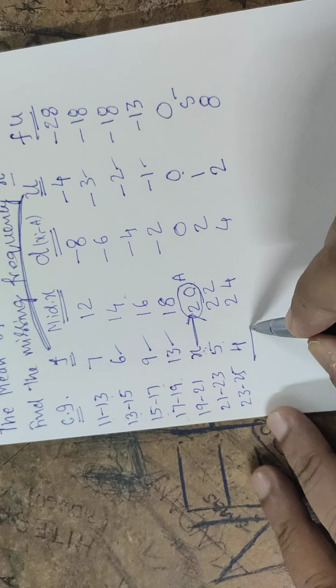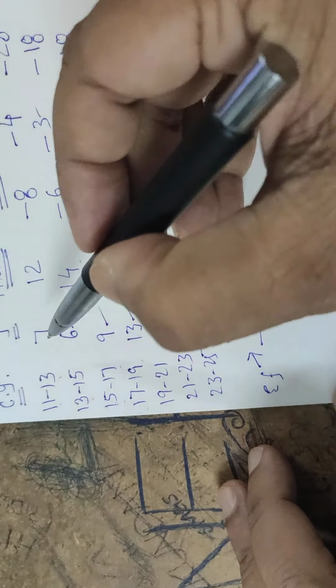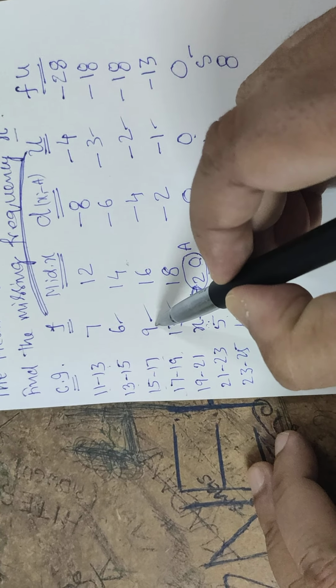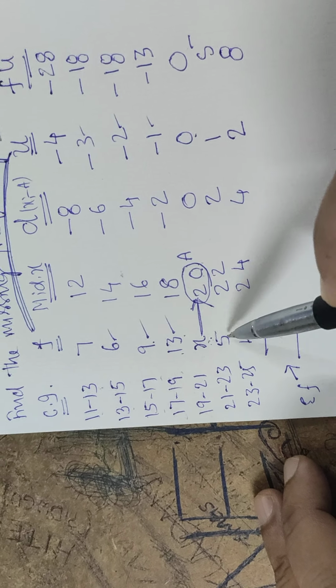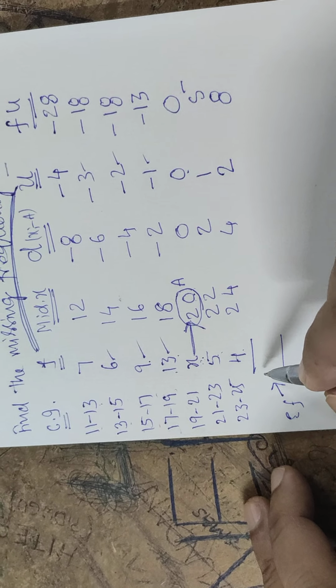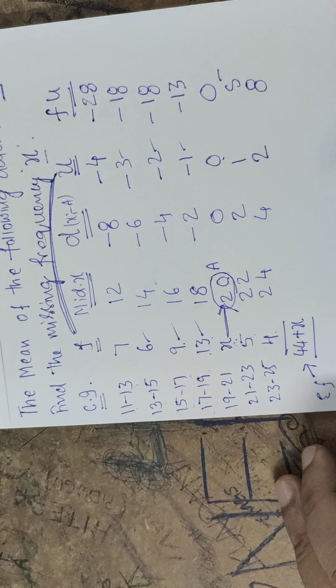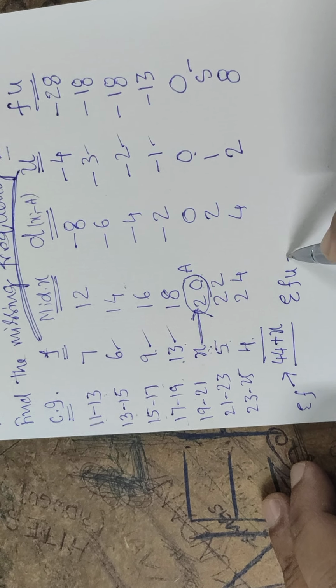Now you go for sigma f. Please pay attention. 7 plus 6 is 13. 13 plus 9 is 22, 25, 35, 40, 44, and this x. So your sigma f will be 44 plus x. Now I told you to calculate sigma fu separately like this.